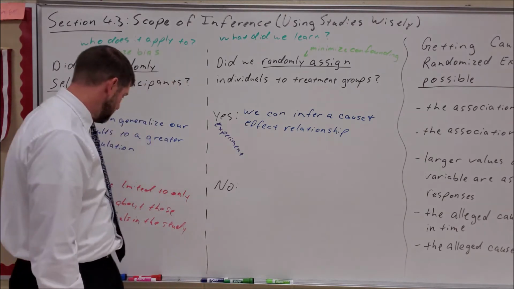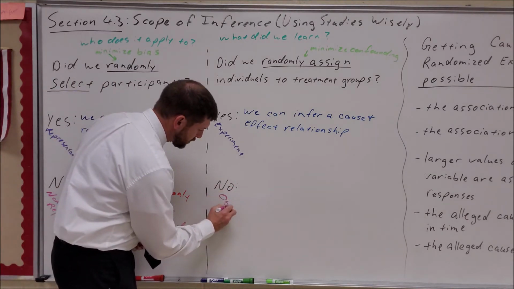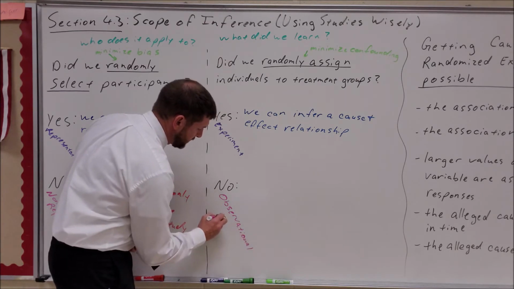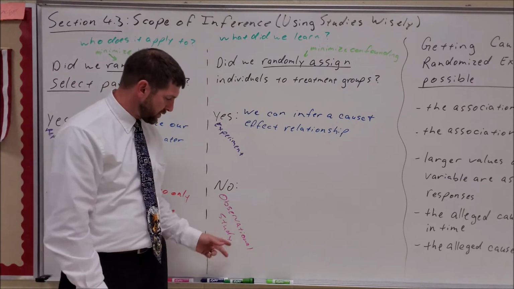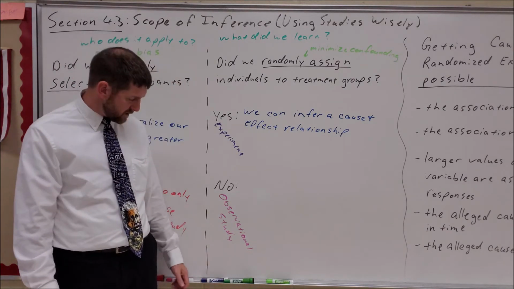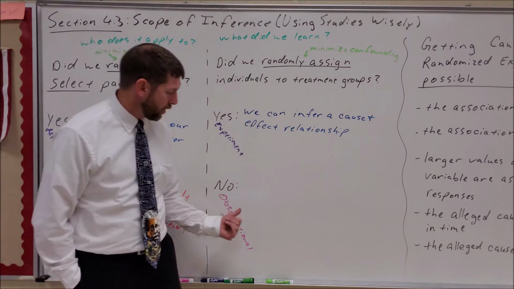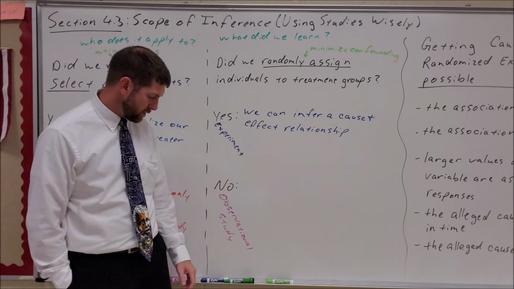That would be known as an observational study. So typically, this isn't always the case, but typically, if we have no random assignment, we're dealing with observational. All observational studies have no random assignment, but not all cases of no random assignment are observational studies. But typically, this is how it works, especially for this course.